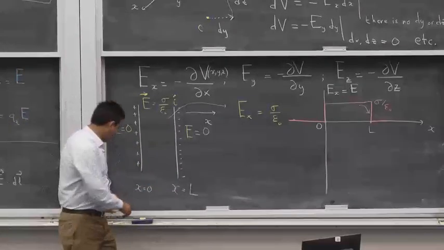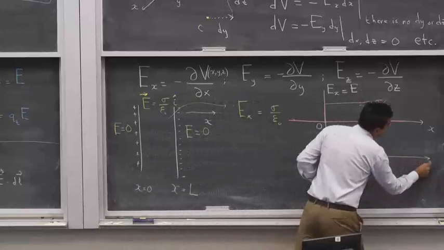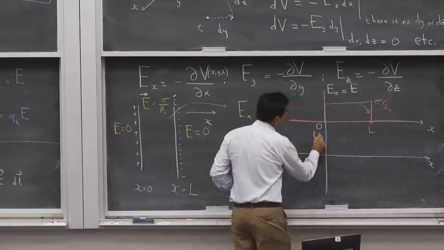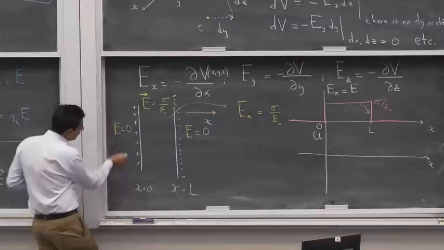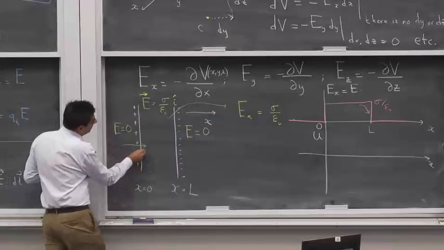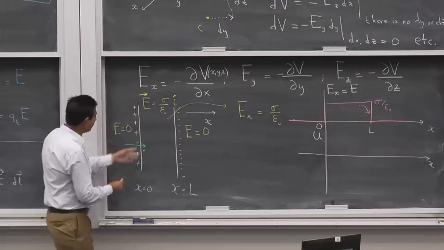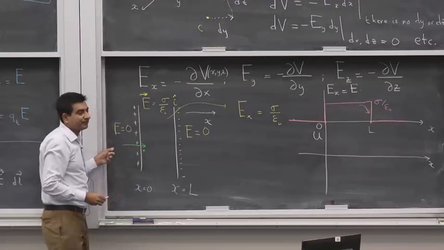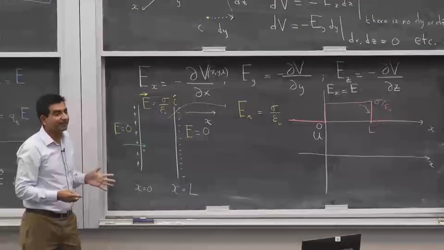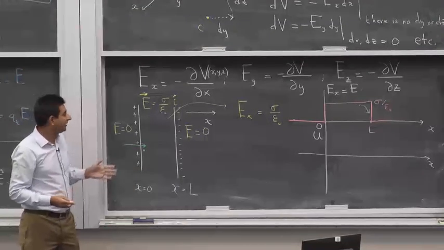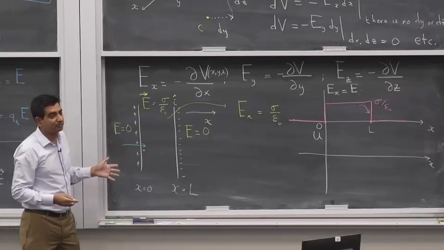Now let's plot the electric potential energy of a positive test charge that is introduced inside this system through a tiny aperture. Here we have assumed that the potential energy is 0, and in our previous lecture we already saw that the potential energy is going to drop.